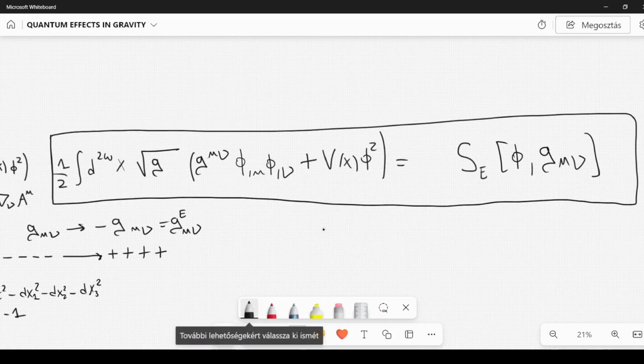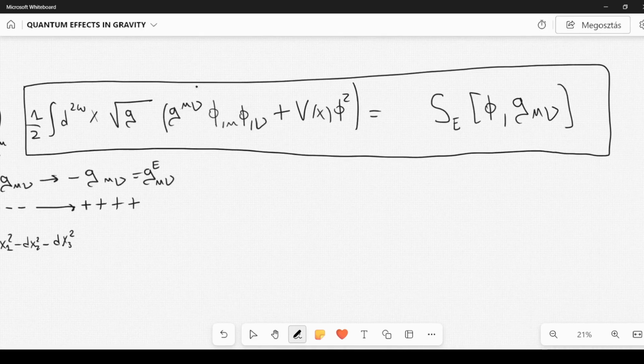And now let me do one more step. In particular, we can integrate this term by parts in the integral by assuming that the field φ decays quickly enough at infinity, which means that we can basically omit boundary terms because they go to zero. Therefore, we can rewrite the effective action in the following manner.